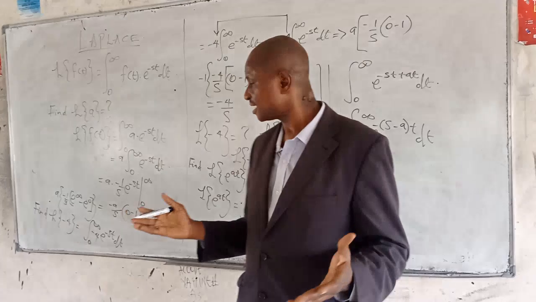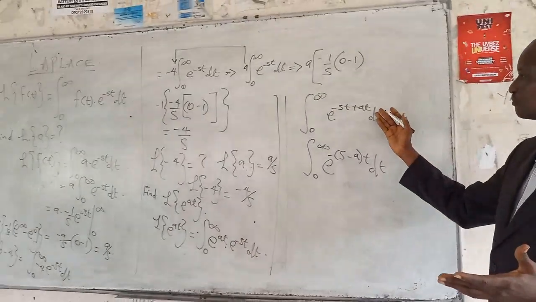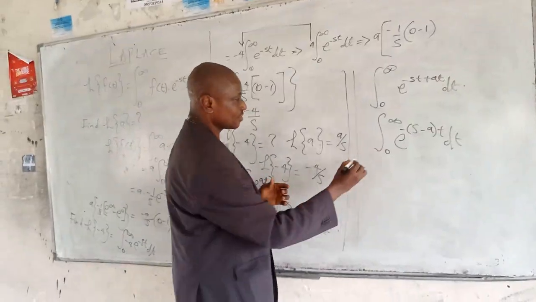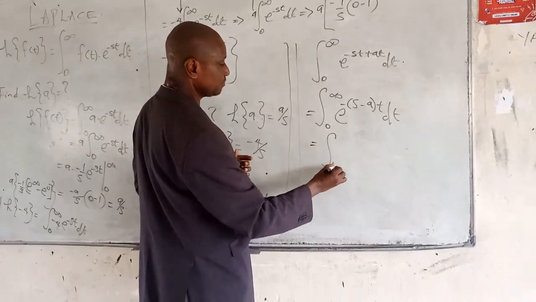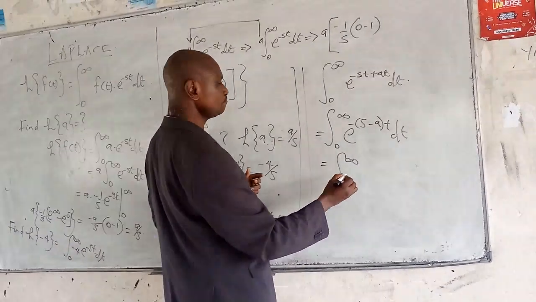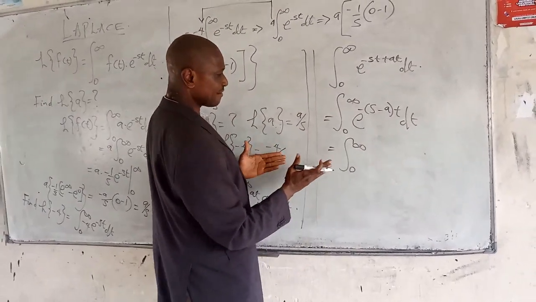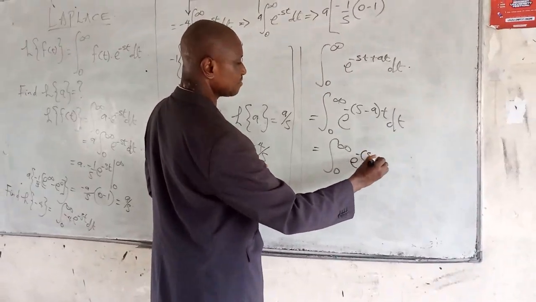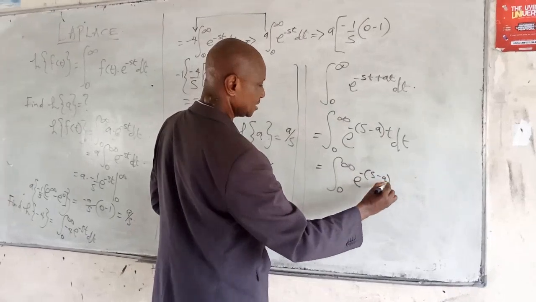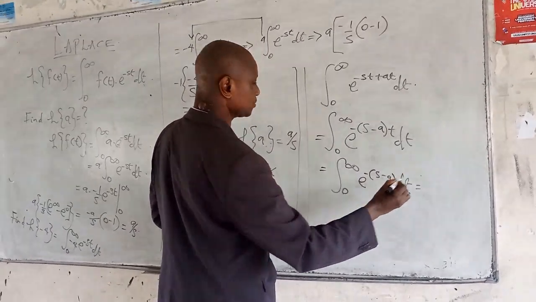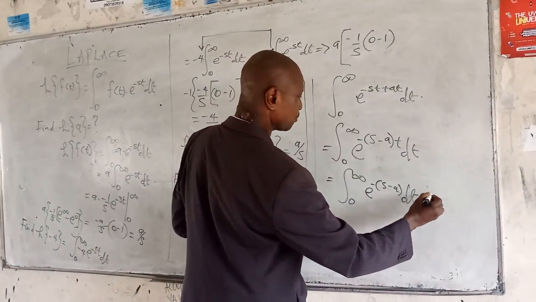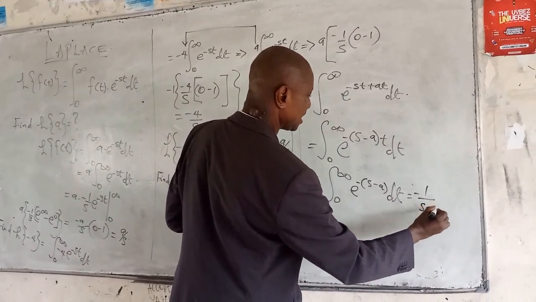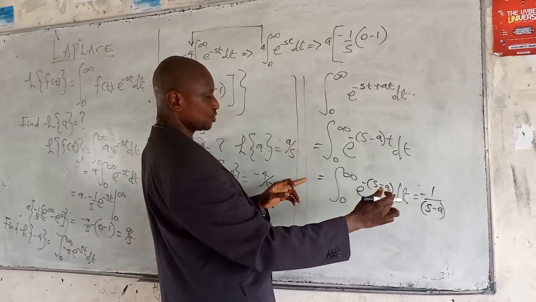Of course, you can see that at this point we are able to factorize the negative sign out of the function to integrate. If we go direct into the integral of exponent minus of s minus a t dt, which gives us minus the reciprocal of s minus a, that is the entire function.